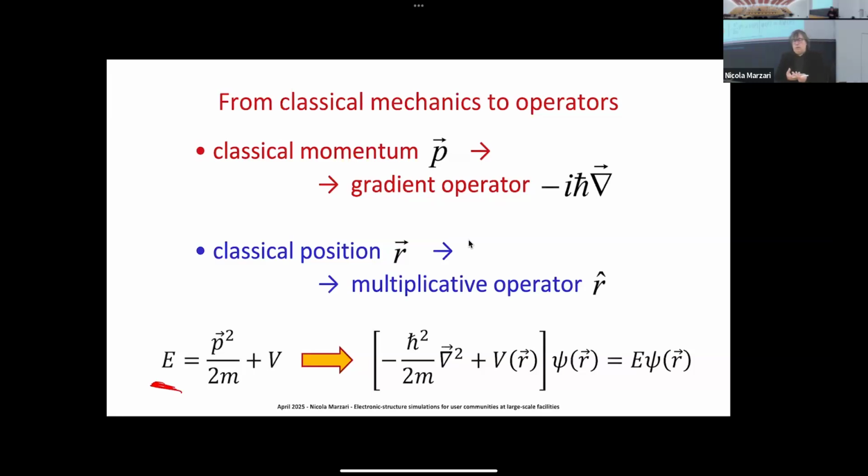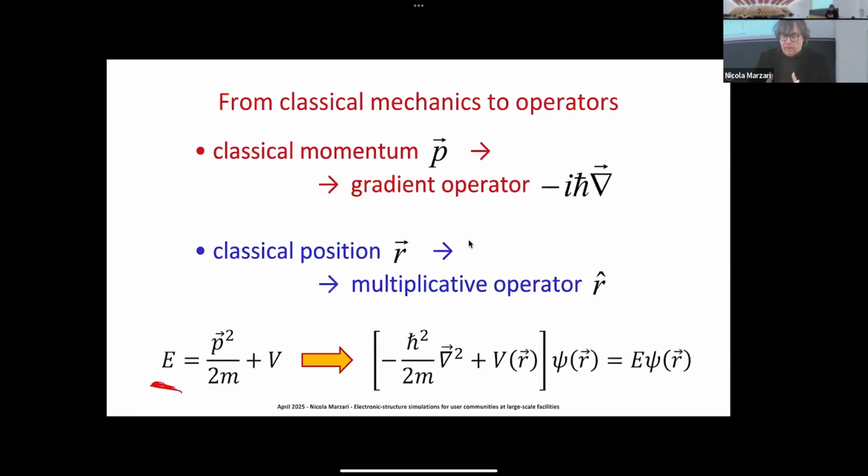The momentum is transformed into a gradient operator, minus i h bar times the gradient, and the position is just a multiplicative operator. And so if you transform the total energy, kinetic plus potential, p squared over 2m plus V, using these two rules, the term p squared over 2m becomes minus i twice, so i squared, so minus 1, h bar twice, so minus h bar squared over 2m times del squared.